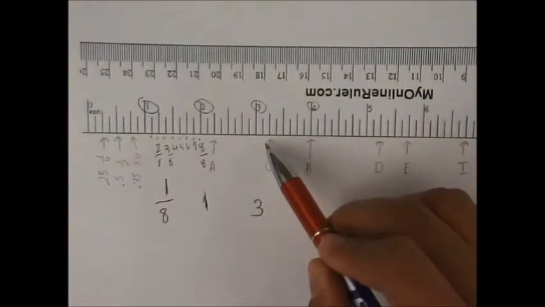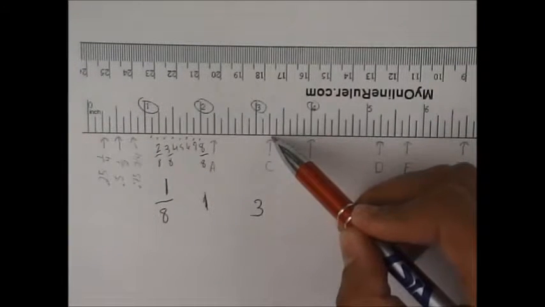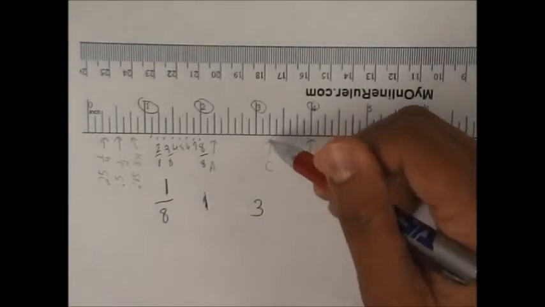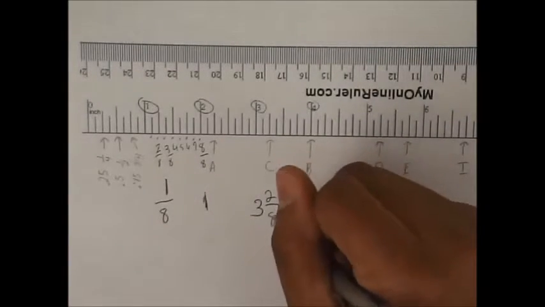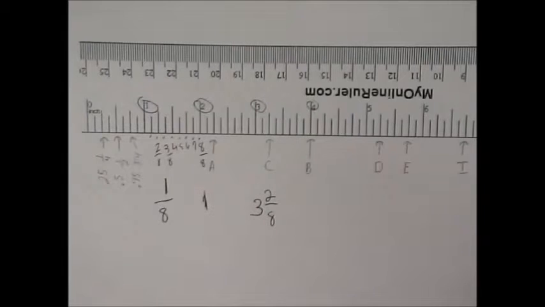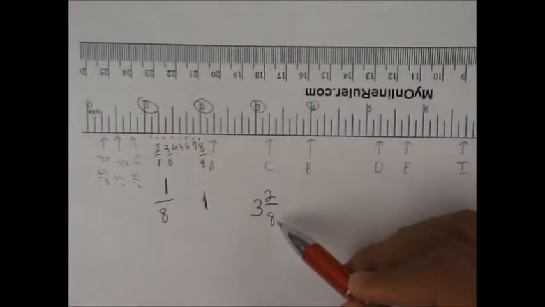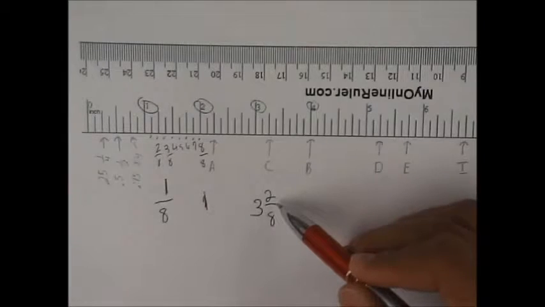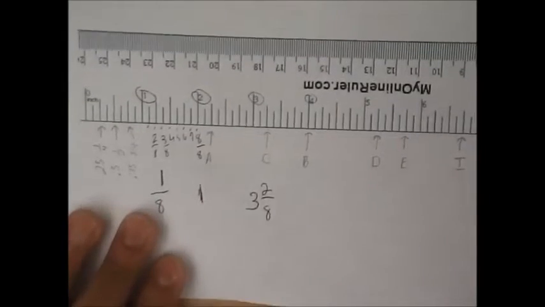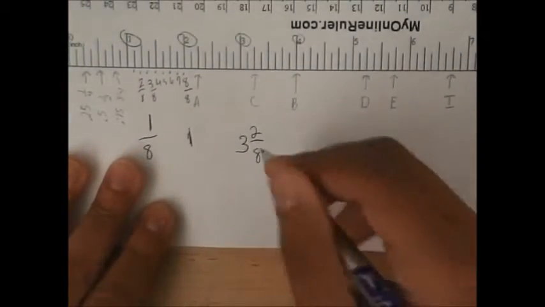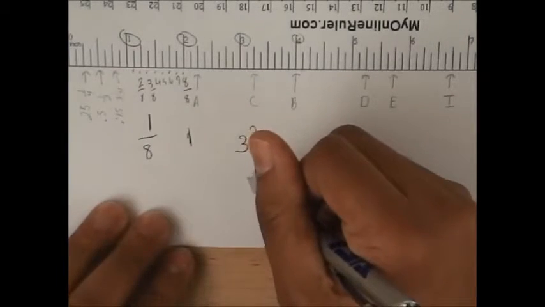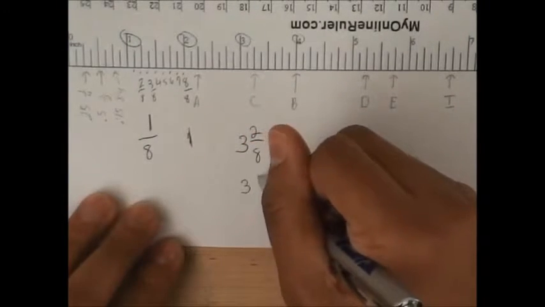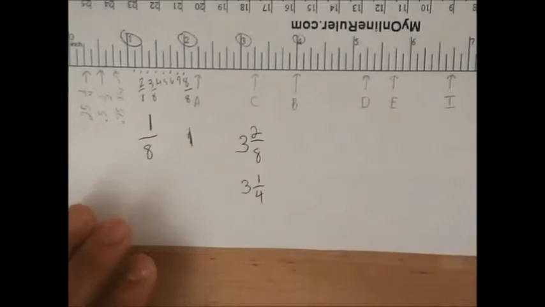So 3 and 1, 2. So it would be 3 2/8. Okay? We can reduce this, all right, just like you do in math class. When you reduce it, it becomes 3 1/4.